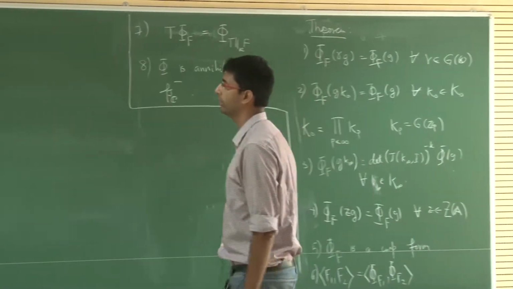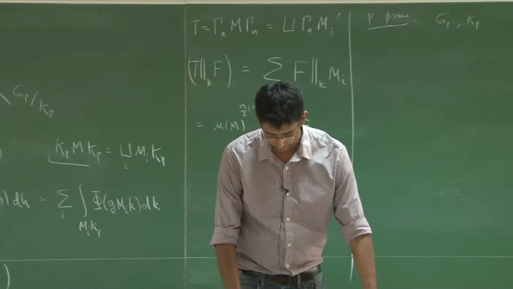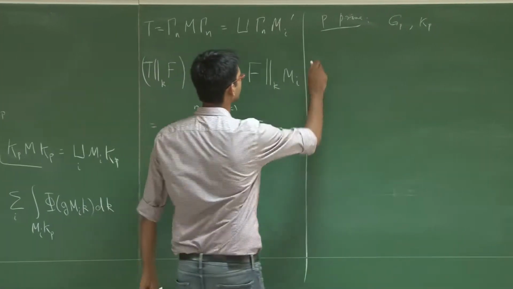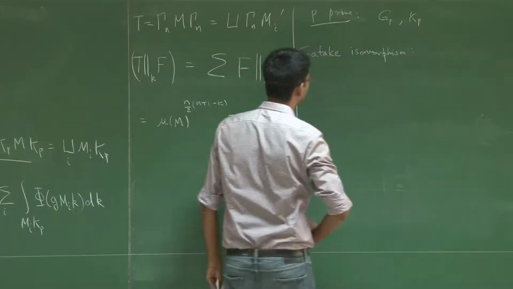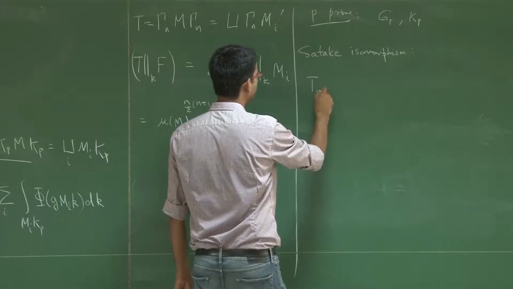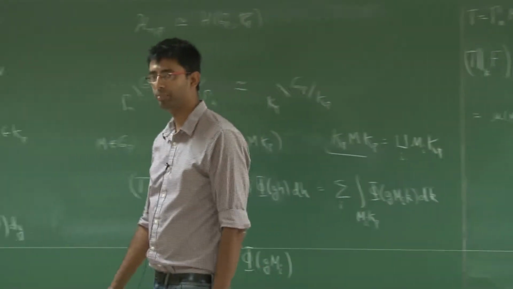It's called the Satake isomorphism, and that's where the name Satake comes from, this much more general Satake isomorphism concept. So what we have is the following. Let us take T_p to be the diagonal elements in G_p.